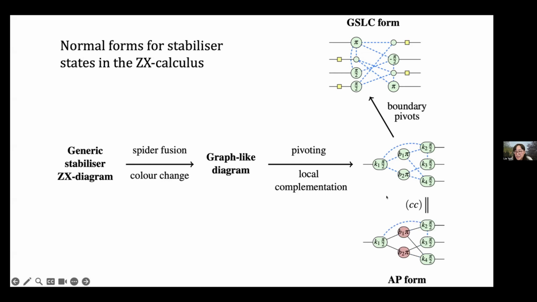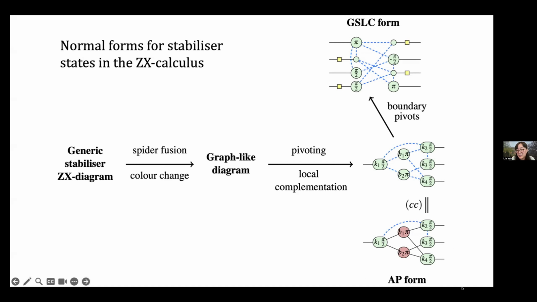In the other direction, you can have the affine with phases normal form, and this means that all your internal spiders are red, or X spiders. All your boundary spiders are green, or Z, and they're connected by a bipartite graph of non-Hadamard edges. In addition, you can have Hadamard edges between the outputs.